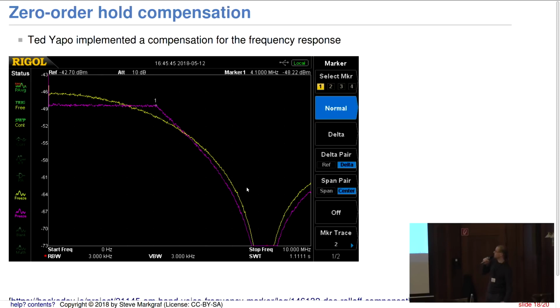And he implemented an equalizing filter, which is the purple trace, which is useful especially at low sample rates, so that you can equalize this effect. If you use high sample rates, then you get this always from 0 to your sampling frequency. Then it's not as extreme as here, but if you use lower sample rates, this is quite helpful.